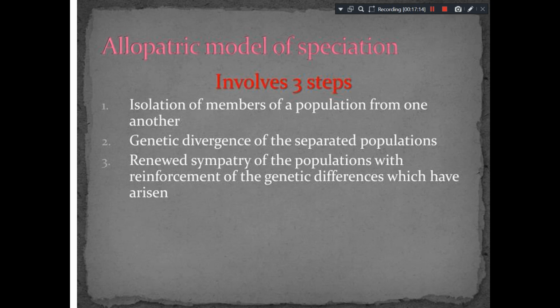Then there will be renewal of the sympatry of the population because of the reinforcement of genetical differences which have arisen. As a result of that, there will be renewed sympatry in the newly colonized area.